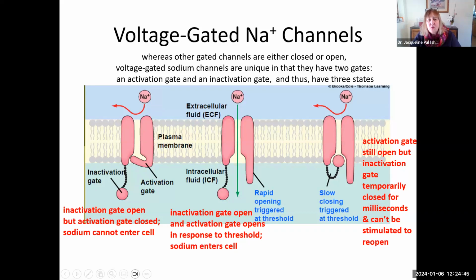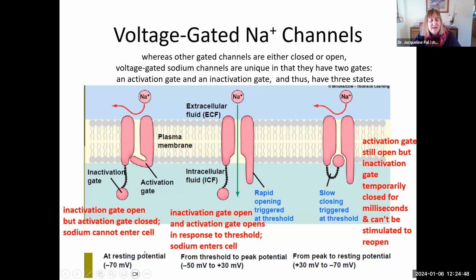So how does this look with the activation energies? At resting potential, minus 70 millivolts, the activation gate is closed. As it's depolarizing from minus 50 to plus 30, both gates are open. And from the peak at plus 30 going down to minus 70, the inactivation gate is closed.